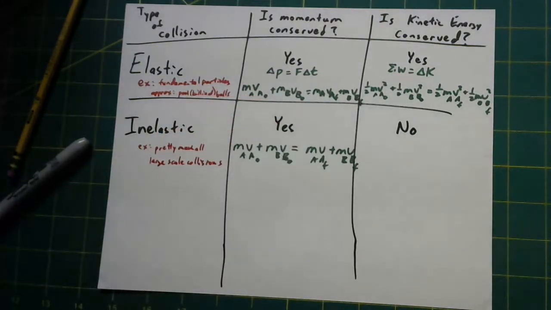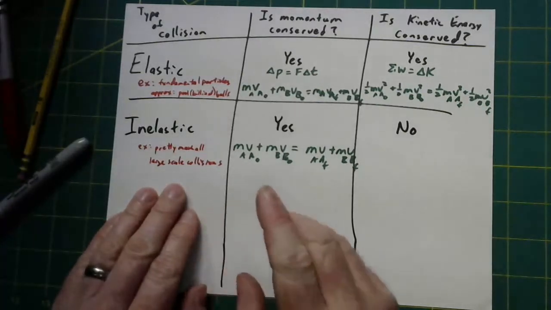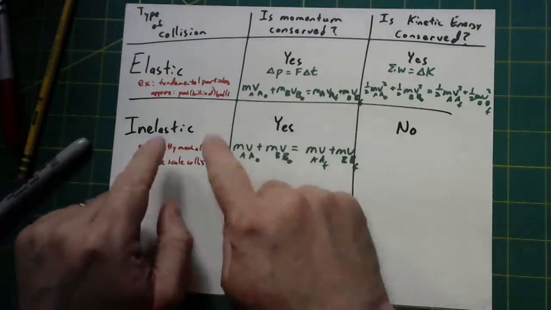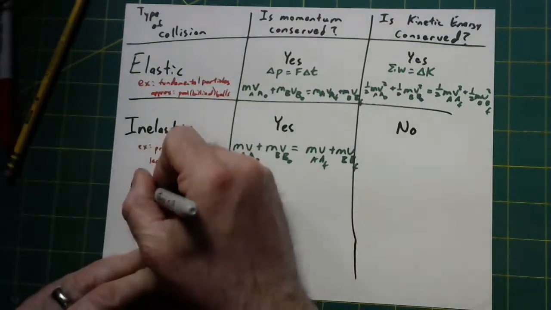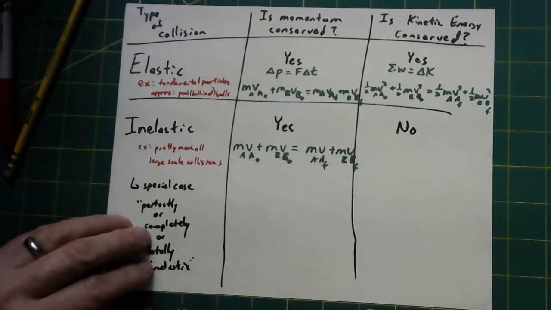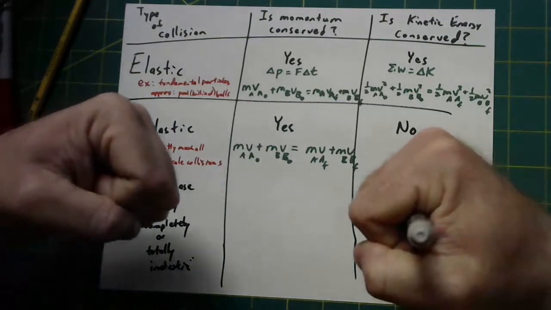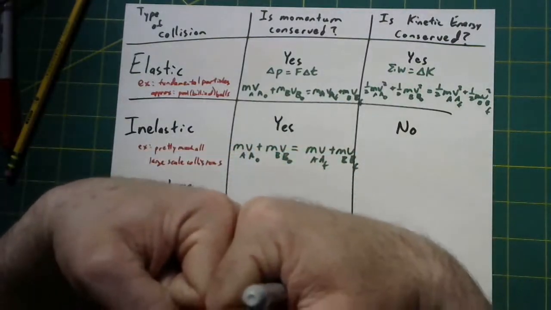Now, there is one more thing that I should show you, and this is a special case of inelastic. So what is a perfectly or completely or totally inelastic collision? It's a collision where the objects hit and stick together afterwards.